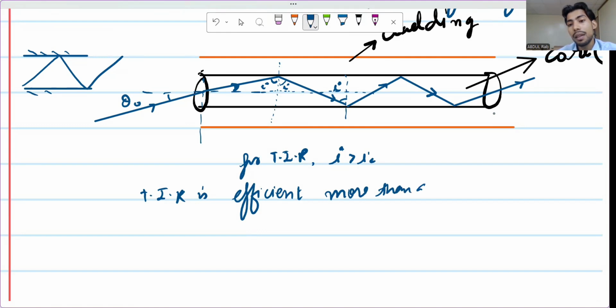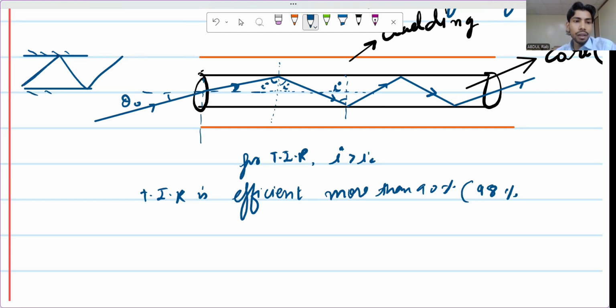That means if any light ray is incident, then the intensity of this light ray, or the energy contained in it, will be reflected: 90% of its energy, more than 90%. Approximately, it is given in some books as 98%, somewhere 95%. So 90% of its energy will be reflected instead of being absorbed or refracted. In this reflection, what will happen?